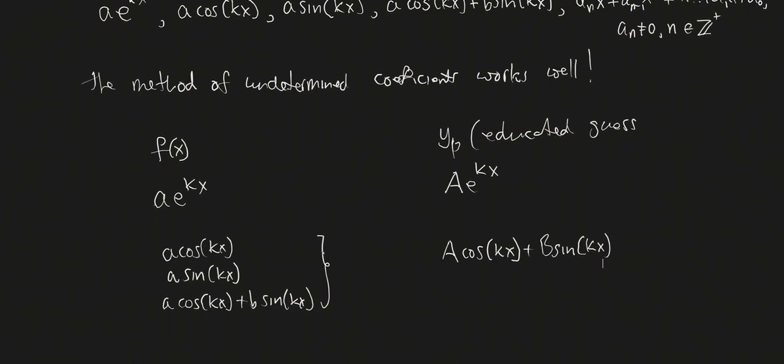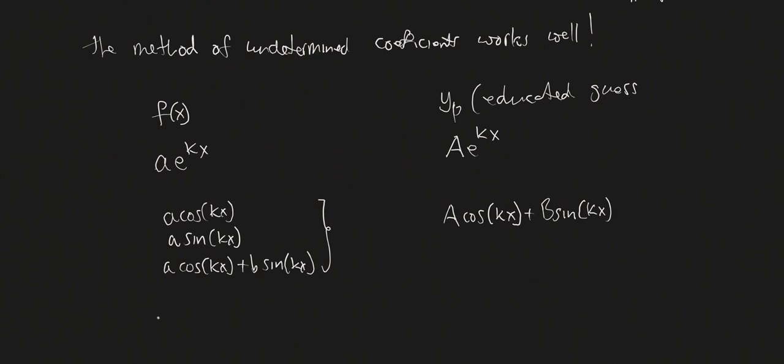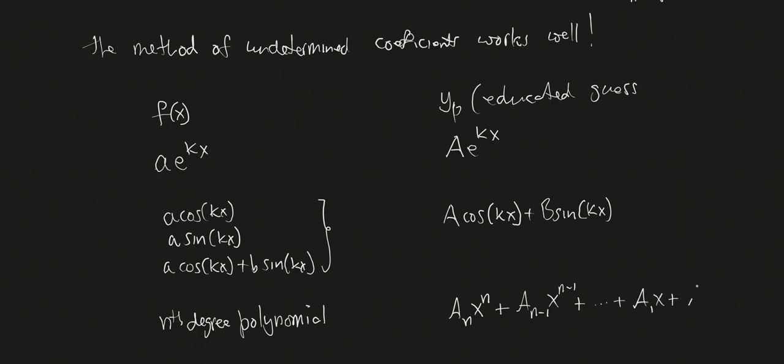And then if you have your nth degree polynomial, then your educated guess is going to be basically a big A. Because I don't know how many terms, I'm just going to do this, and then you'll have your x to the n, and then your a sub n minus 1, x to the n minus 1, all the way down to a sub 1, x plus a sub 0.